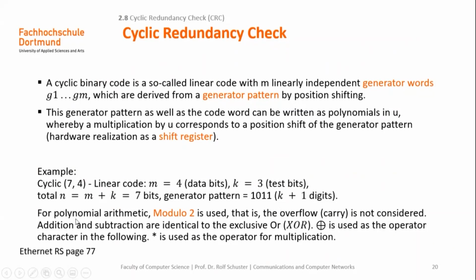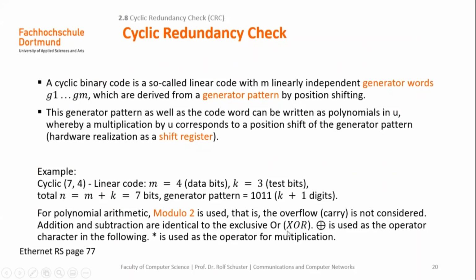And for polynomial arithmetic, modulo 2 is used. That is, the overflow carry is not considered. And you need to know that in order to perform addition and subtraction, we use the exclusive OR operator.